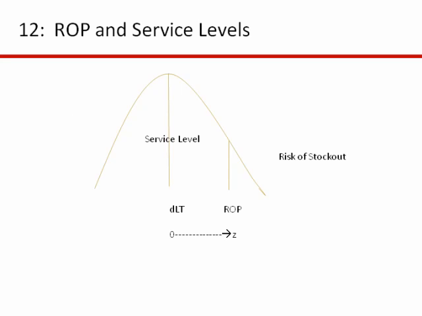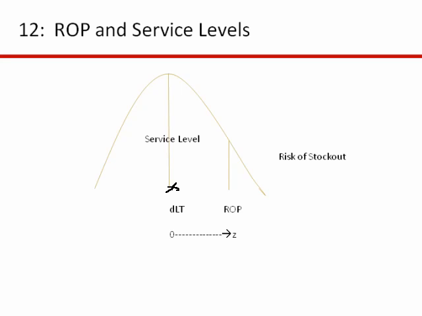Okay, so before we get into that, think of this demand during lead time as being a normal distribution curve. The mean of this, what's happening during the lead time, is right here. This is demand during lead time, the mean, the average. What happens on an average period?